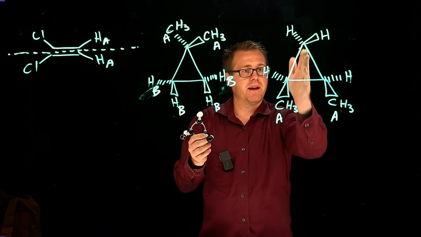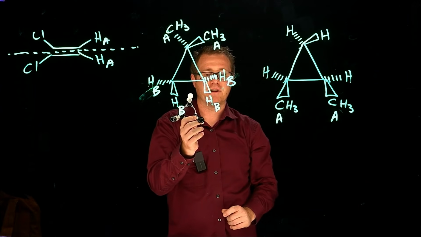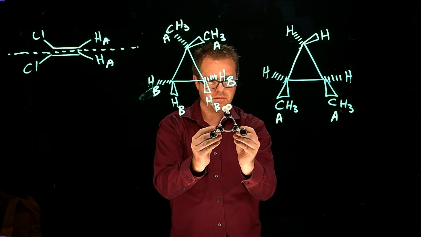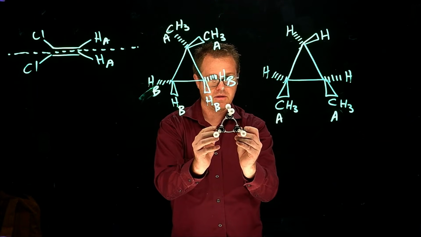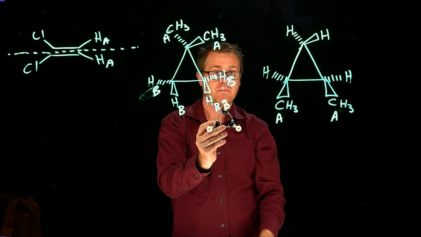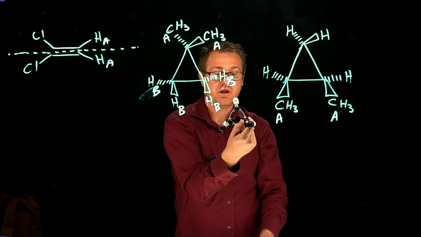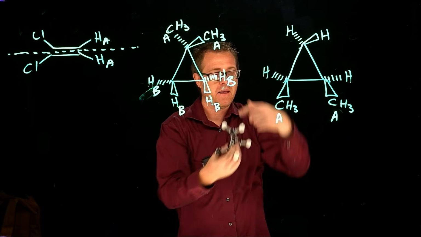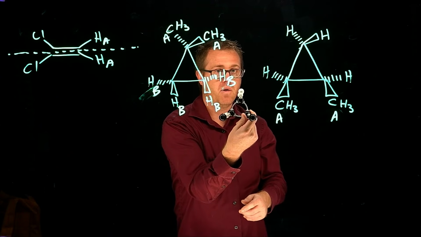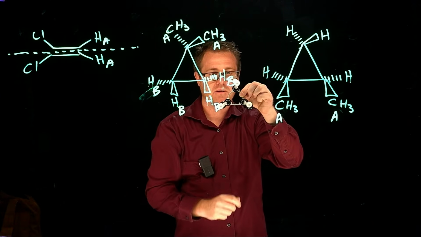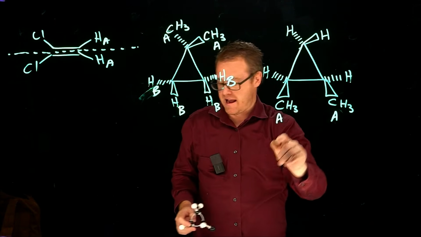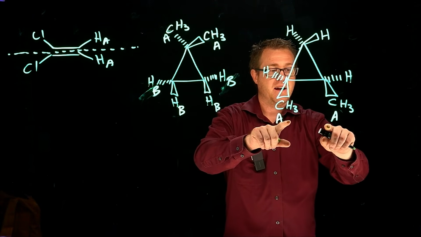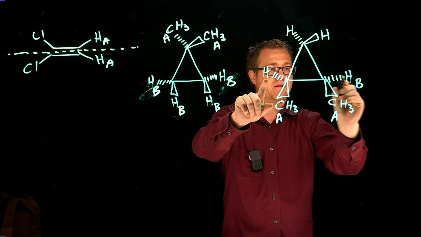So I see a plane of symmetry right here, so that makes those equivalent. But are they homotopic or enantiotopic? Well, let's look at it. Before rotation, after rotation. Do you see a difference between the two? Yes, you do. So there's no axis of rotation right here. All right, none. Because you can clearly see a difference before rotation and after rotation. So those two are enantiotopic to one another. If those are enantiotopic to one another, then those would also have to be enantiotopic to one another, right?